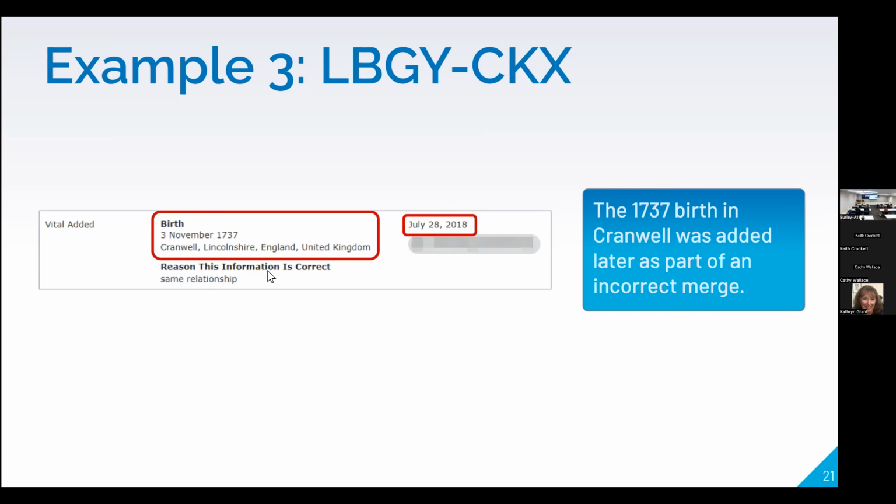A merge was done on this person, and that's how the birth came over. So somebody merged the guy born in 37, same name, Francis Pescaby, with the guy christened in 34, which, of course, is not possible for them to be the same people. So this tells us that we've got a bad merge that we've got to undo, but that's beyond the scope of this class.